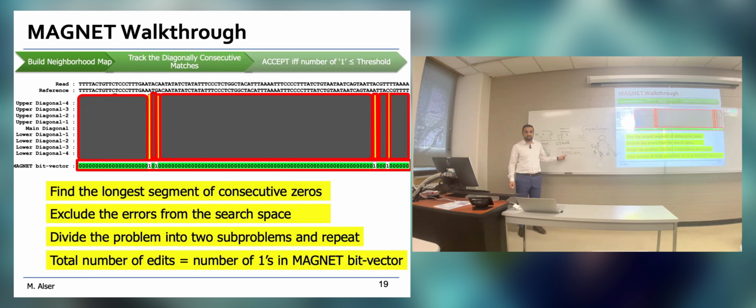It could be a mismatch too. You remember this from the CIGAR string. So the M over here could be a match, or it could be a substitution or a mismatch, right? But let's consider it in this example as a match. And we have one edit operation. How many subproblems would MAGNET result in?